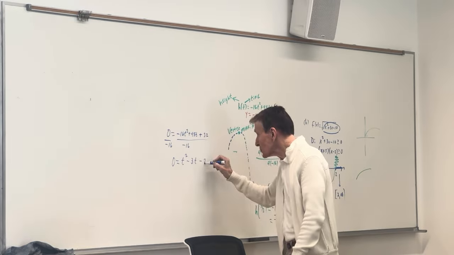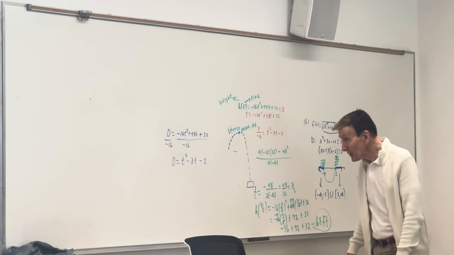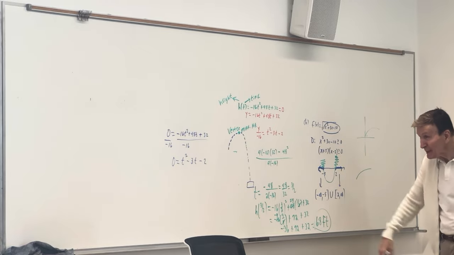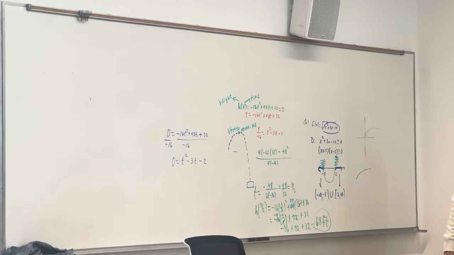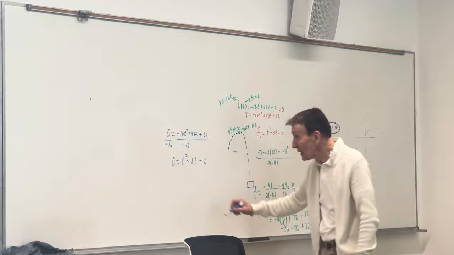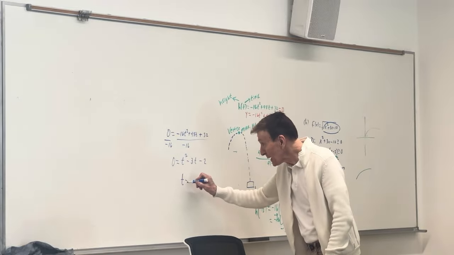I think it's minus 2. Oh, that's much better. Let's divide everything by negative 16 to make it look better. Just so happens that will not factor. So now I must either complete the square on this or use the quadratic formula. So I'm trying to find t, I'm going to use the quadratic formula, guys.